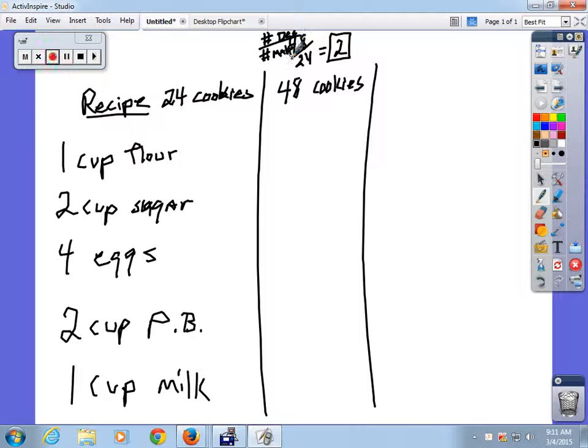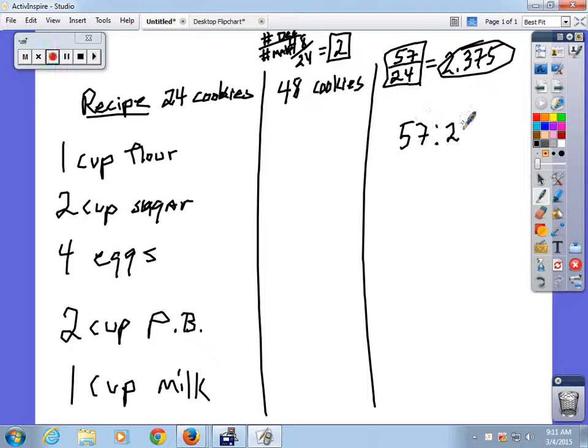So you would put 57 over what? 24. Somebody give me that number. 2 point what? 2.375. This is called a multiplier. I could also write it like that.